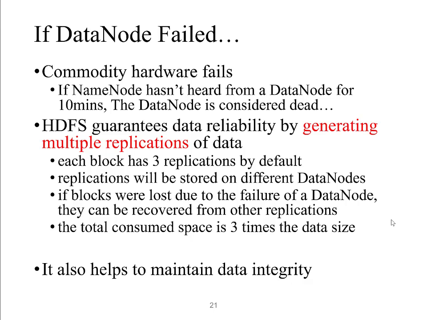Basically, the name node will detect that a data node has failed. So it will have a list of the blocks stored on that failed data node, and it also has the information about where the replications of these lost blocks are on other data nodes. Then the name node can use this information to recover the lost blocks from the other replications on other data nodes. So that's basically the idea.